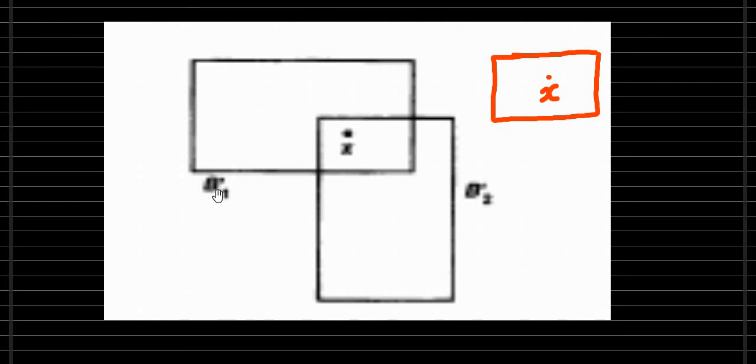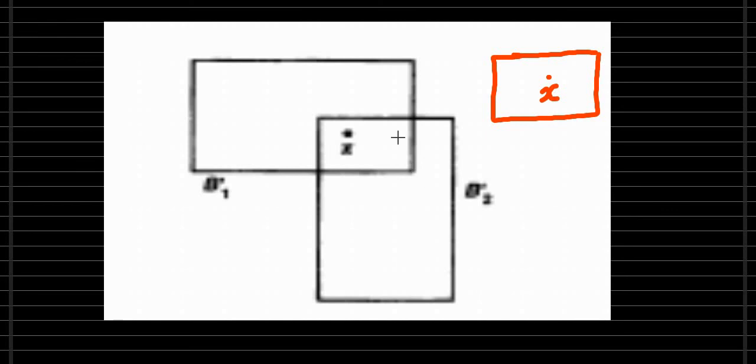Consider here, suppose B1 dash and B2 dash are members of the script B dash, and suppose that x is a point present in both of them, means x belongs to B1 dash intersection B2 dash. Then clearly there is a member B3 of script B dash which contains x and is contained in B1 dash intersection B2 dash, and that member is shown here, which I am going to highlight.